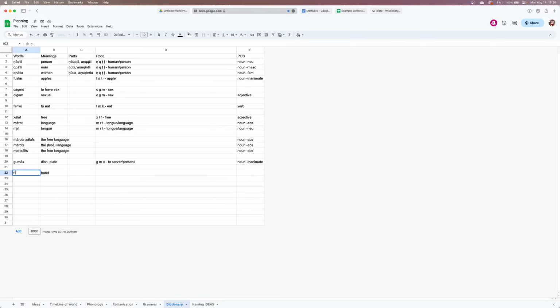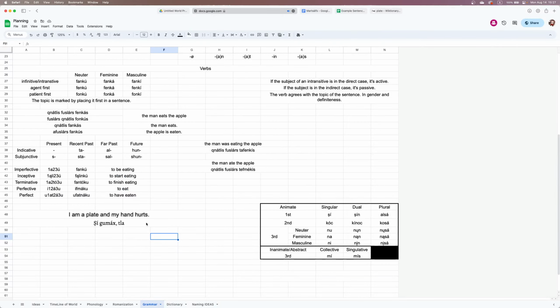Nalip. Nulip. Nulip, hand. And maybe because it's a part of a person, it'll be considered animate. So, nulip.